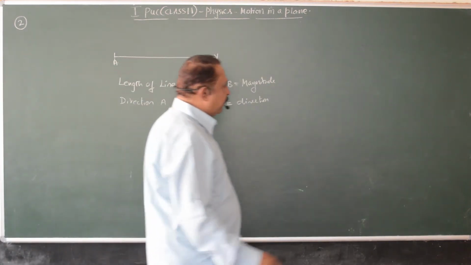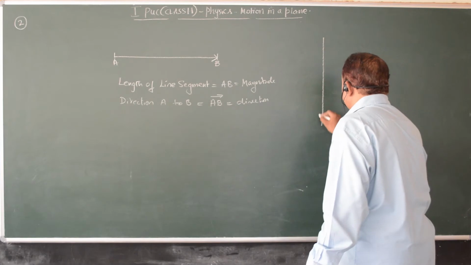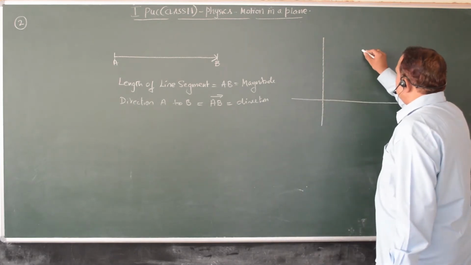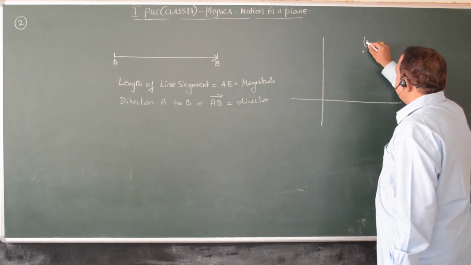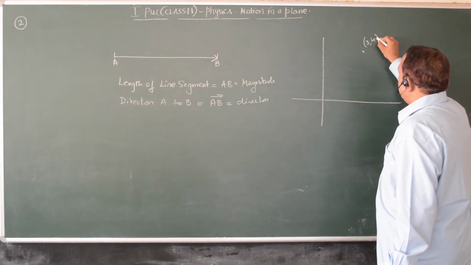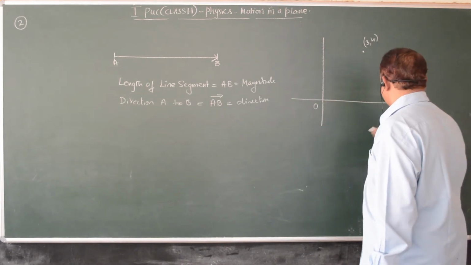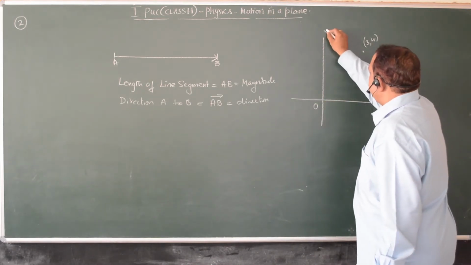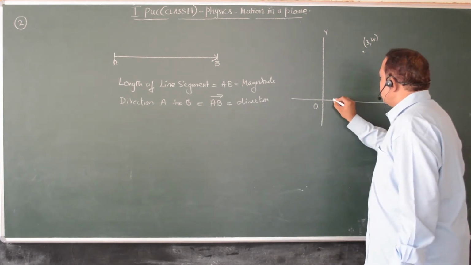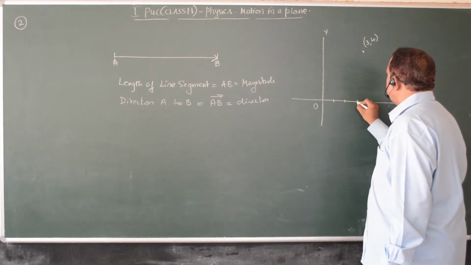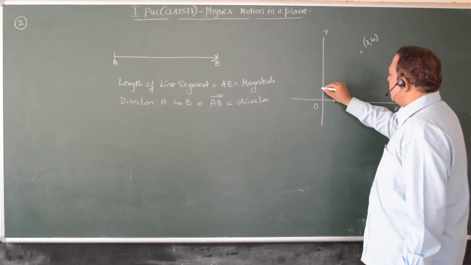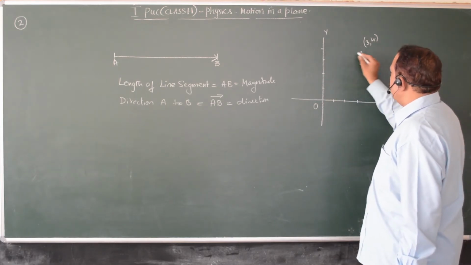Now, to represent a vector in a two-dimensional system, a vector can be represented by an ordered pair of numbers. Say for example, this is O, the origin, x-axis, y-axis. On the x-axis you travel 3 units, on the y-axis you travel 4 units.